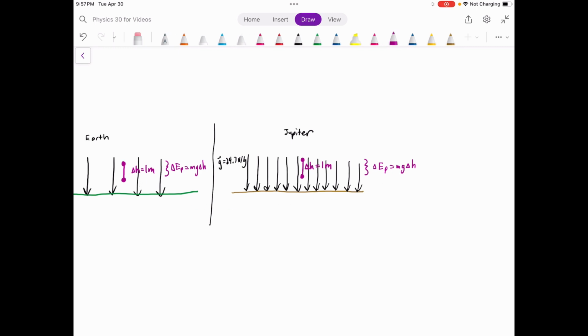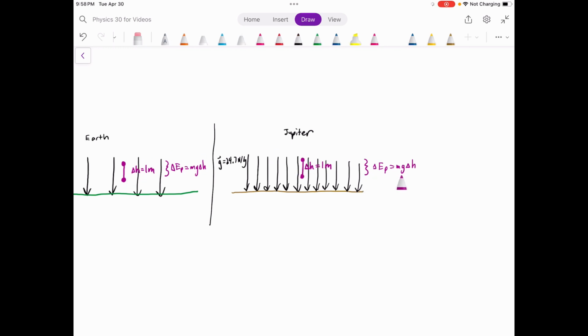And so all we're saying here is another way to think about how strong a gravitational field is to think about how much an object's energy changes by from moving it a distance in that field versus another field, right?